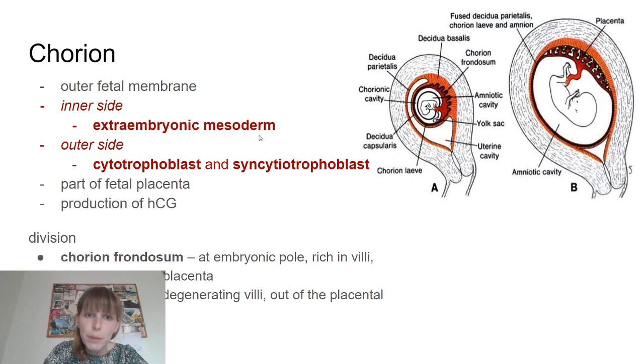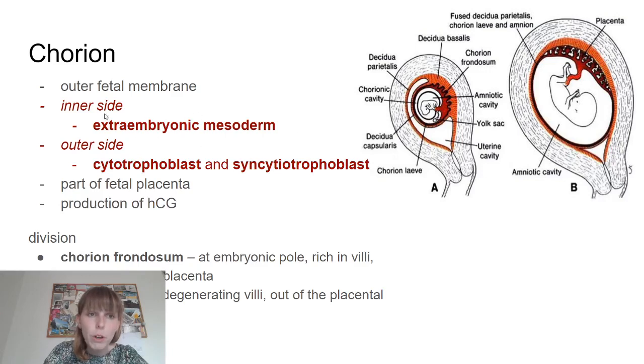Mesoderm, you remember, is an embryonic kind of tissue which will give rise to, for example, connective tissue or bones. So mesoderm is a term that we already know, but usually when we just say mesoderm, we mean the mesoderm that will actually form the body of the future baby.